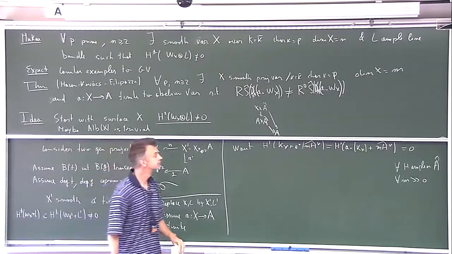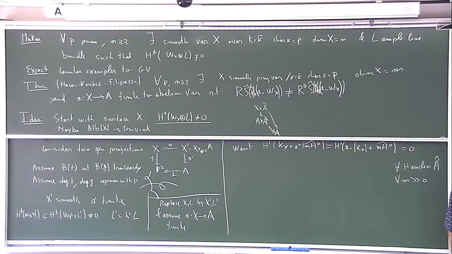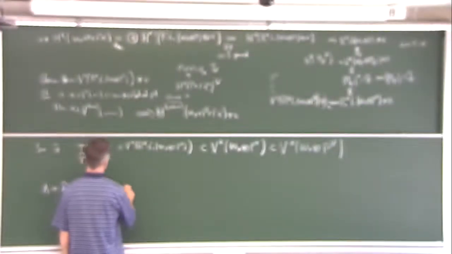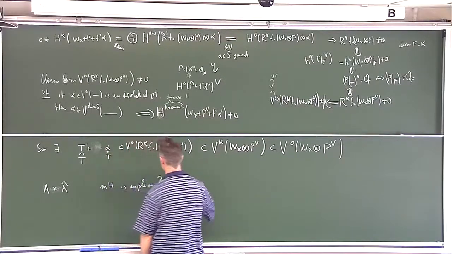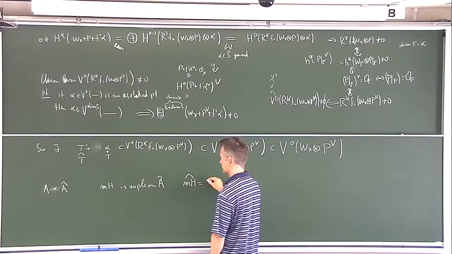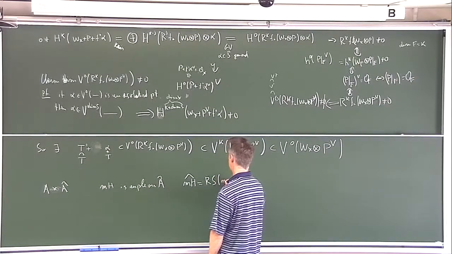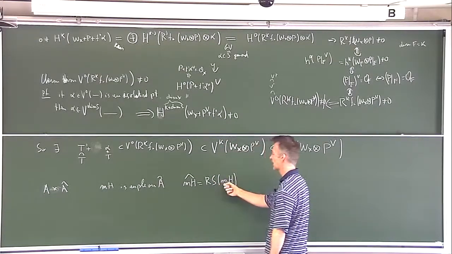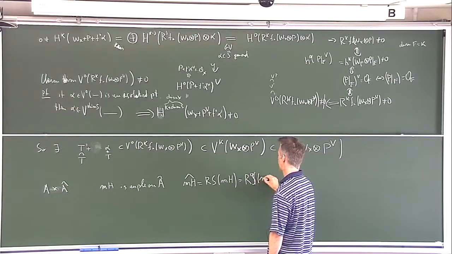Sorry? What is A hat? Okay, so that was the situation when we have A times A hat, and on A hat we have M_H, which is ample on A hat, and then we define M_H hat, and this is Mukai's original notation, to be RS of M_H, which since all higher cohomologies of M_H vanish is actually Φ_S of M_H.